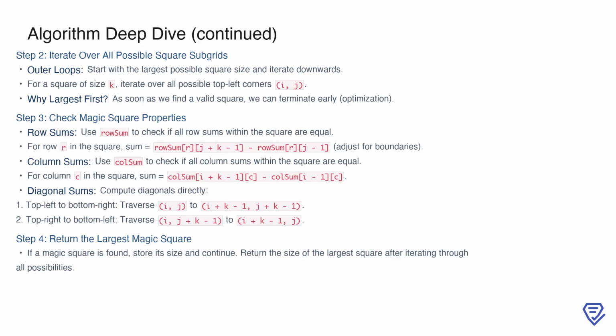Finally, we directly compute the diagonal sums, as these cannot be pre-computed. For the main diagonal, we traverse from the top left corner to the bottom right, and for the anti-diagonal, we traverse from the top right corner to the bottom left. If all these conditions are satisfied, we have a valid magic square. After checking all possible squares, we return the size of the largest one found.